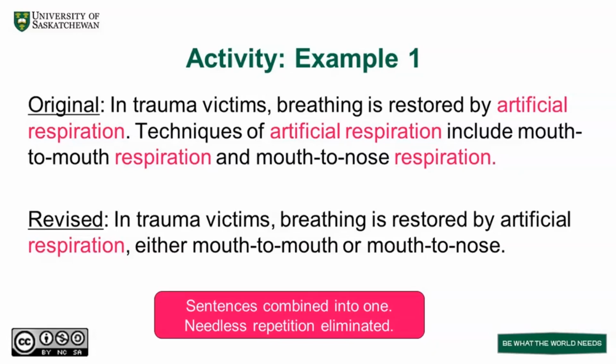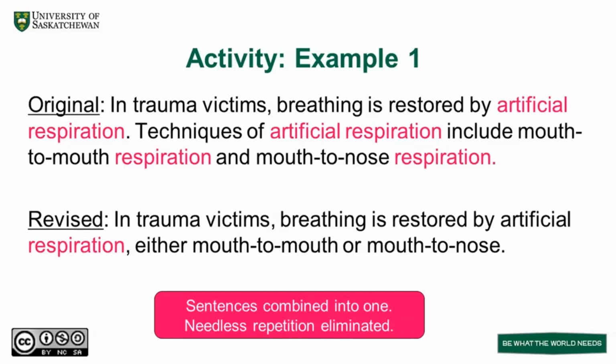Respiration, artificial respiration, only needs to appear once for the content to make sense for readers to understand. And in doing so, we've eliminated some of that needless repetition. And we've also combined those sentences into one sentence.